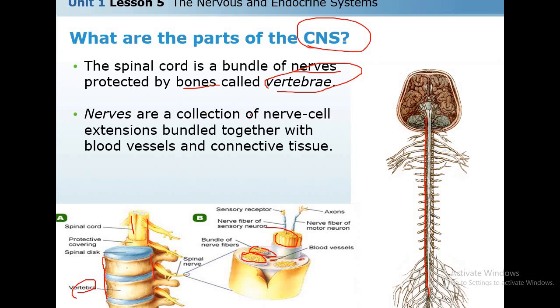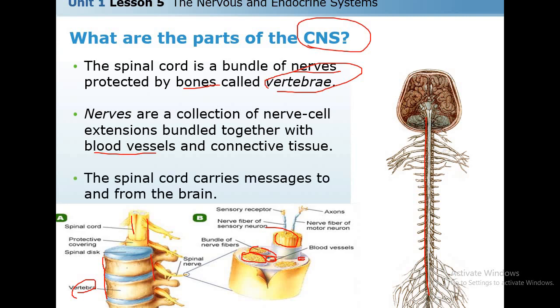Nerves are a collection of nerve cell extensions bundled together with blood vessels. So this bundle consists of nerve cells with blood vessels.